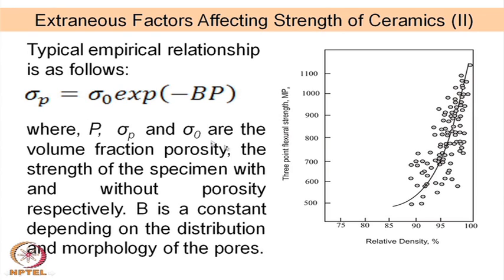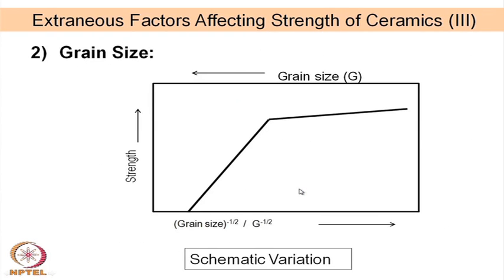So, this relationship is basically valid at a relative density higher than about 85%. Below that, it may not be valid, because other effects will come in. So, that was the effect of pore size or porosity, the fraction.